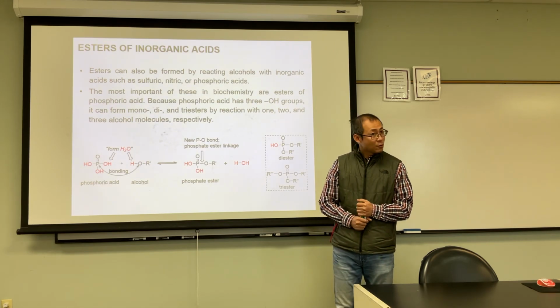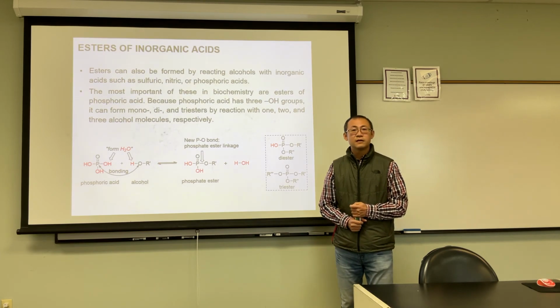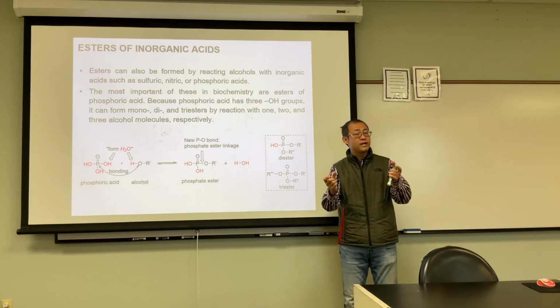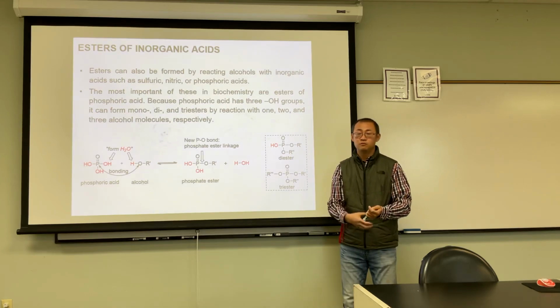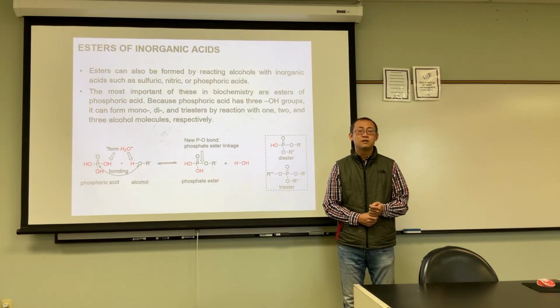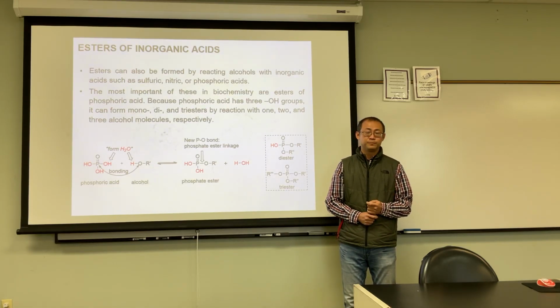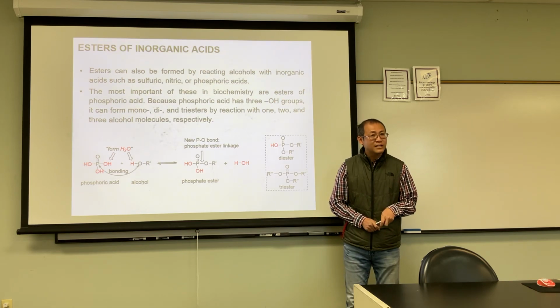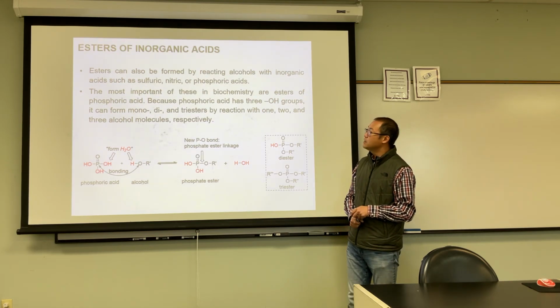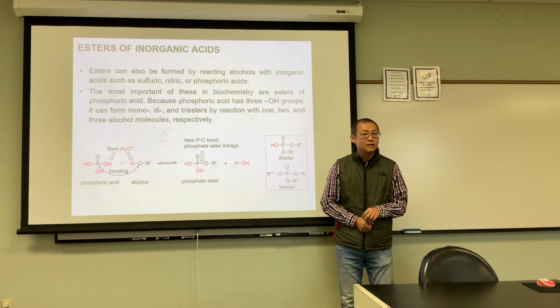The ester bond can be formed between carboxylic acid and alcohol. We have seen many examples during the first part of this lecture. But the ester bond can also be formed between inorganic acids and alcohols.